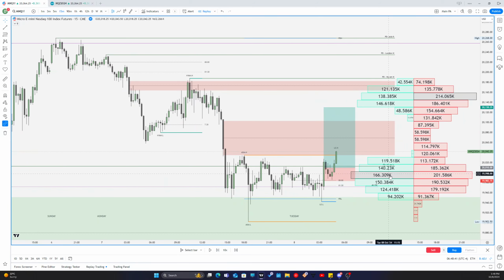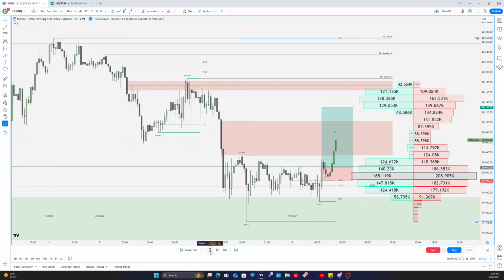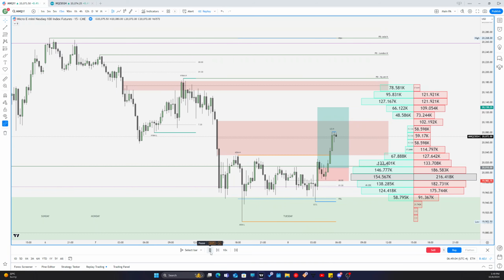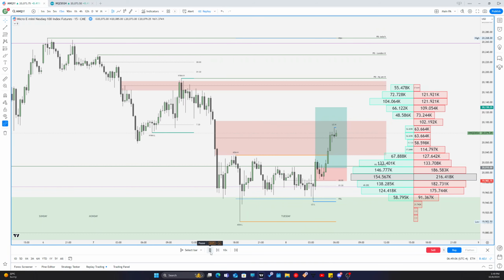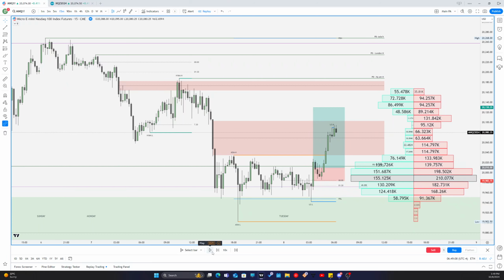So at this point in time, the buy position of the market maker or smart money has been fulfilled, and price shoots to the previous POC. And in the fair value gap, this is a 4-hour fair value gap.